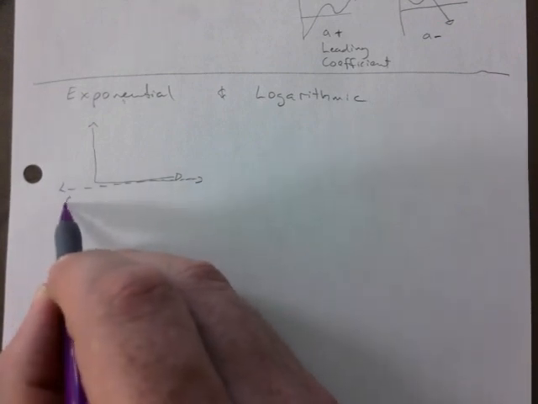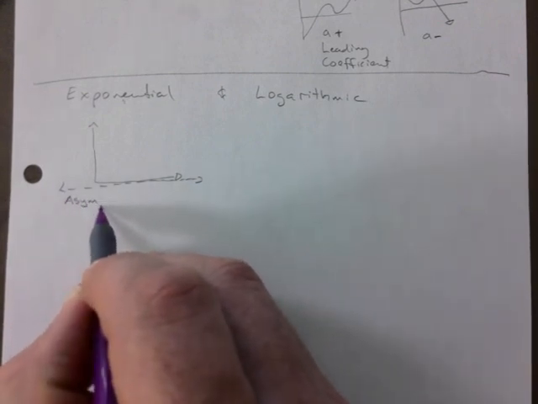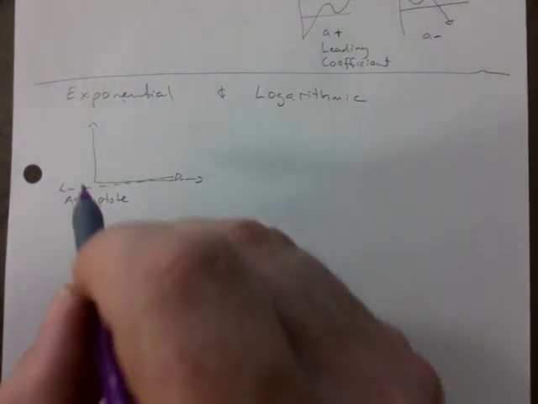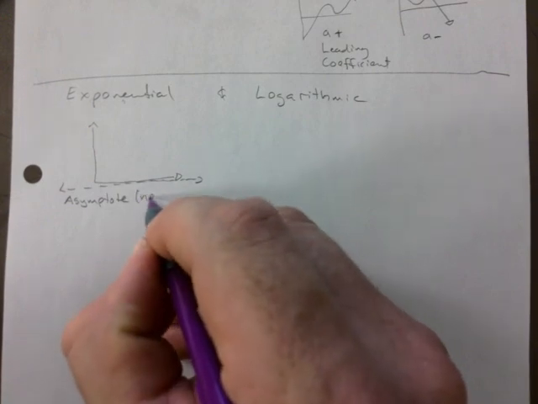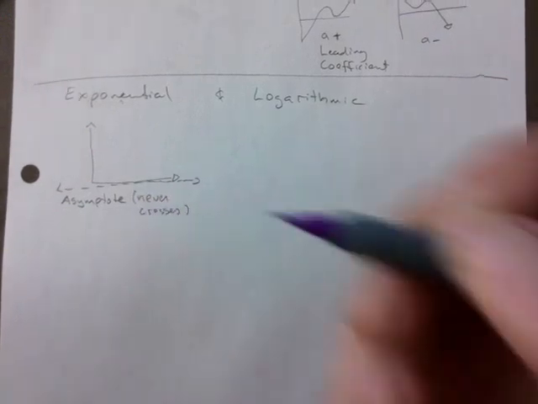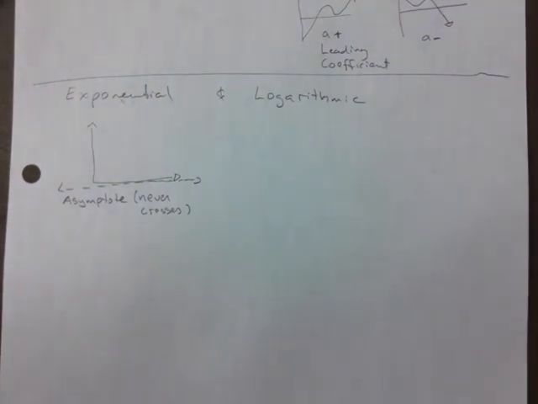We call that the asymptote. So it never touches, never crosses. That's a hint when you're sometimes not sure, hey, is this an exponential or logarithmic? If it crosses, you know it can't be exponential.